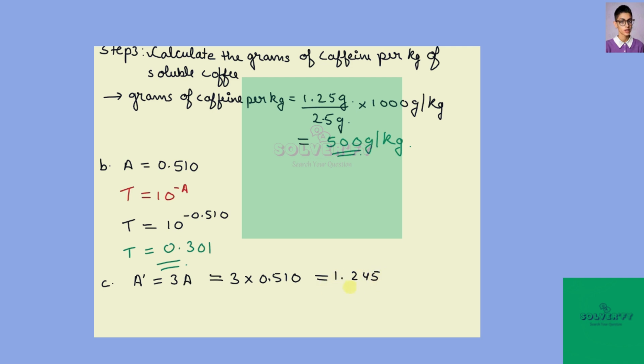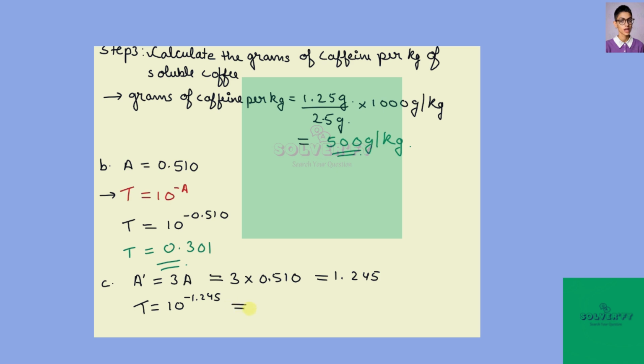Sorry, the new absorbance value is 1.245. Similarly, we'll use this formula to calculate T. So T is equal to 10 raised to the power minus 1.245. By calculating, we'll get the transmittance value.